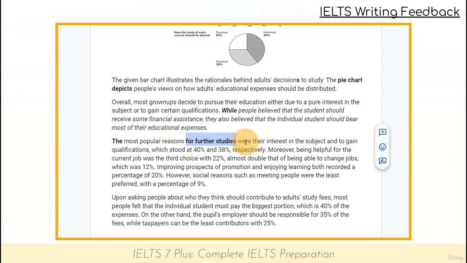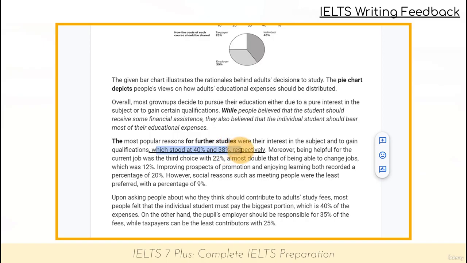The most popular reasons for further studies were their interest in the subject and to gain qualifications, which stood at 40% and 38% respectively. So this is very much a key structure that I teach in the course and model a lot, using this respectively. So that's great, and a great way to split up our clauses here with the comma.